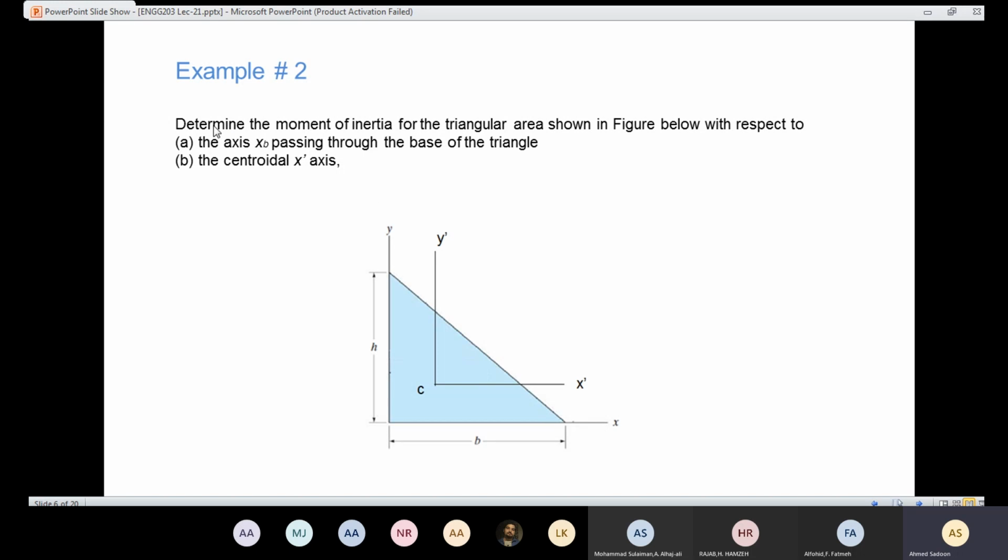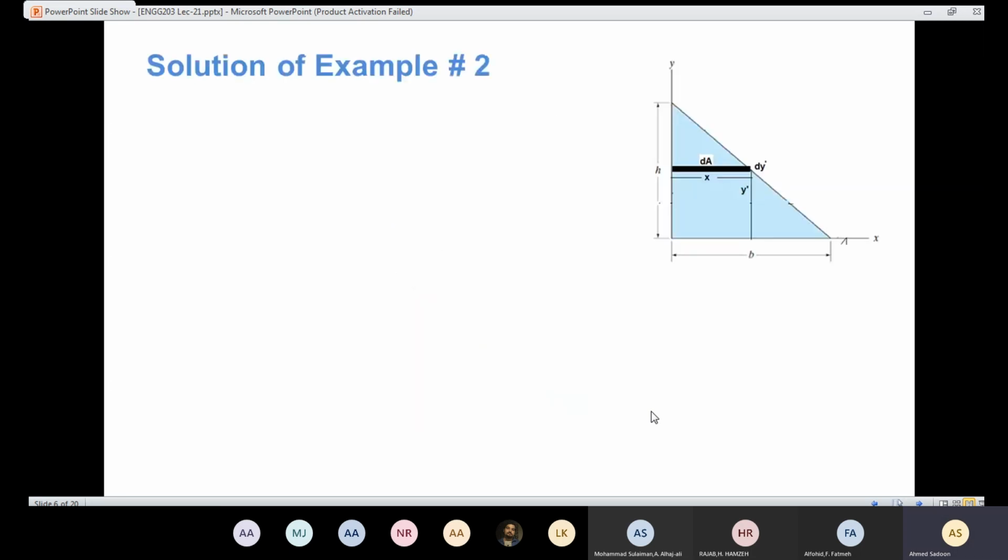And then we need to determine the moment of inertia about the centroidal axis x. So this time, we want to determine the moment of inertia about x first, and then we need to determine the moment of inertia about the centroidal x.